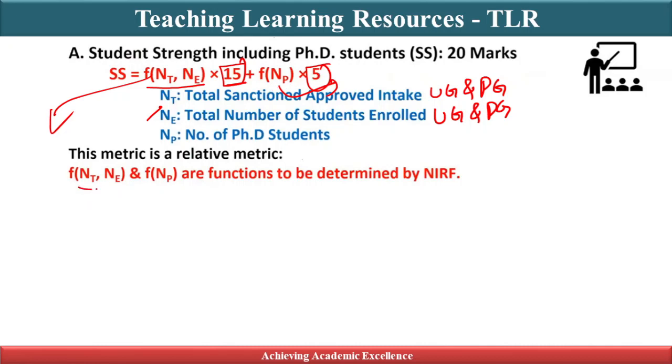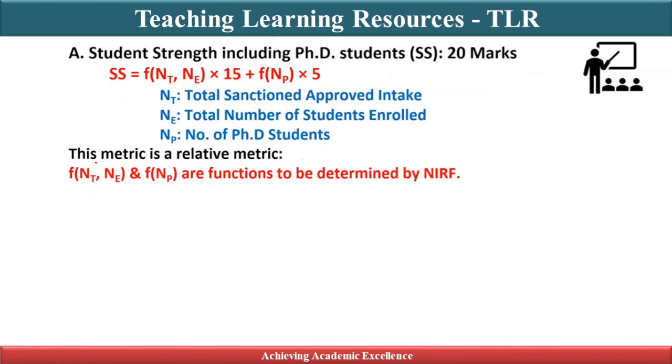This F of NT comma NE and F of NP, these are relative metrics. Why? Because F means function. Who will determine this function? It will be determined by NIRF.